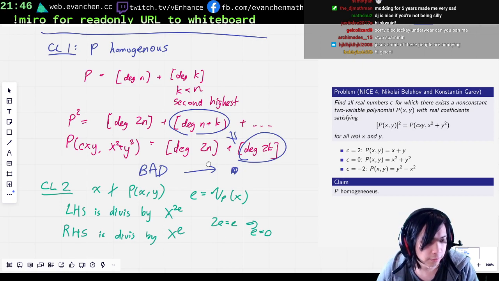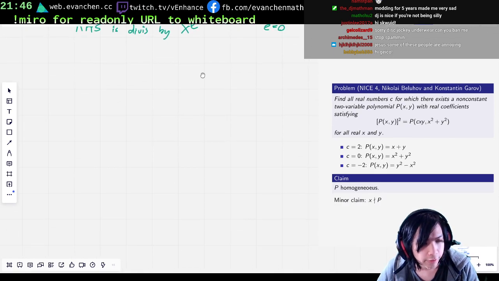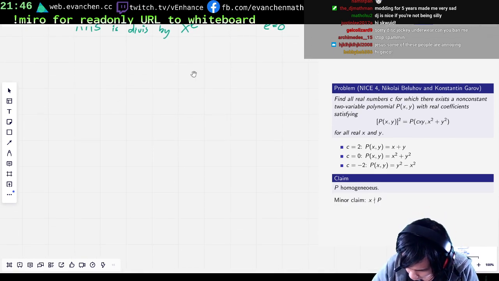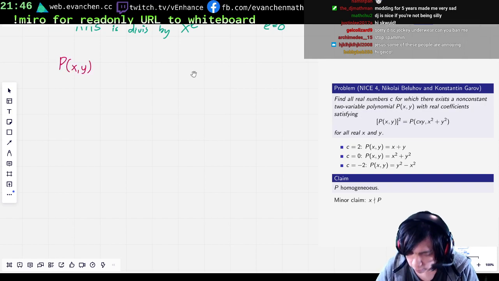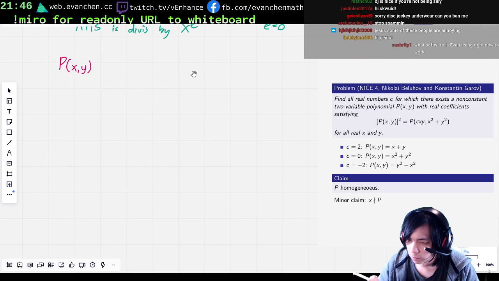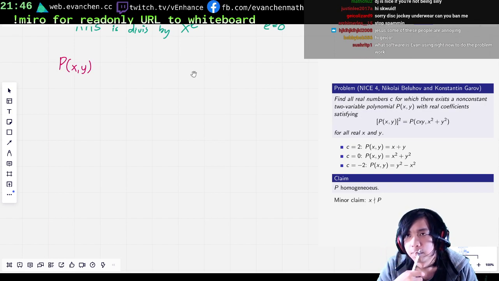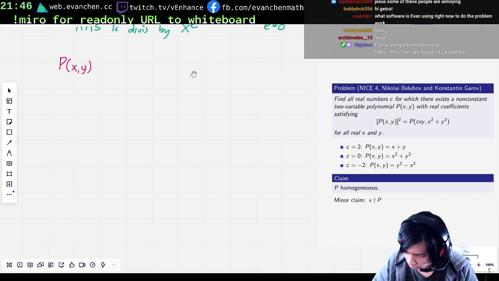And what happens is now we can think of P of x, y as, I can divide out the y to the n coefficient.